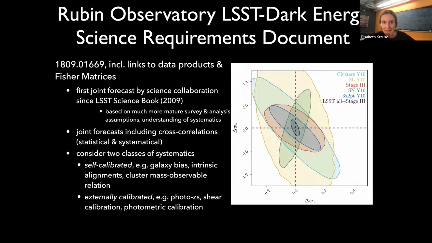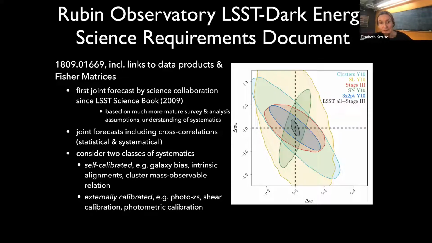I briefly want to highlight here the science requirements document, which is starting to realistically characterize the systematics parameter space that we expect for these analyses. This is available on the archive and importantly includes links to all the data products and Fisher matrices that you can use for variations and your own forecasts.